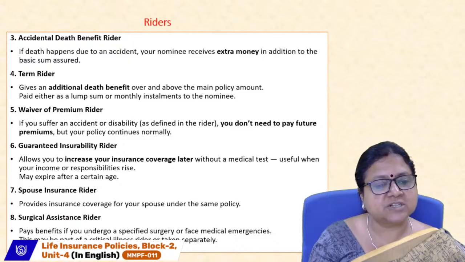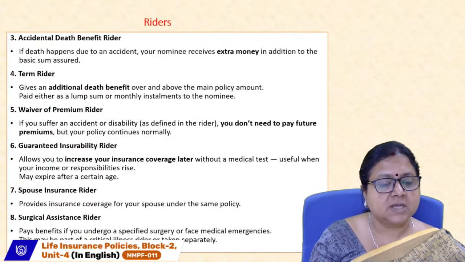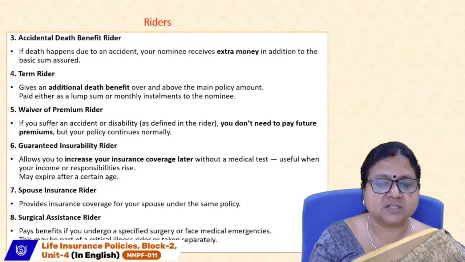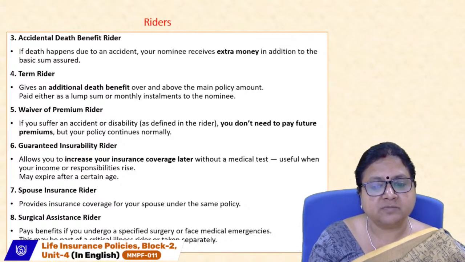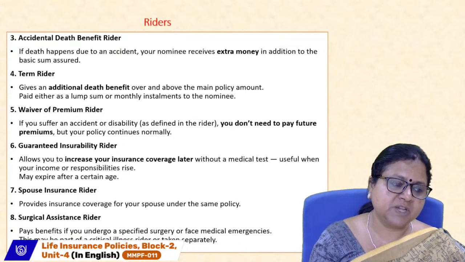The spouse insurance rider provides insurance coverage for your spouse under the same policy. Another rider can be the surgical assistant rider, which pays benefits if you undergo a special surgery or face any sort of medical emergency. Such types of riders can also be added.